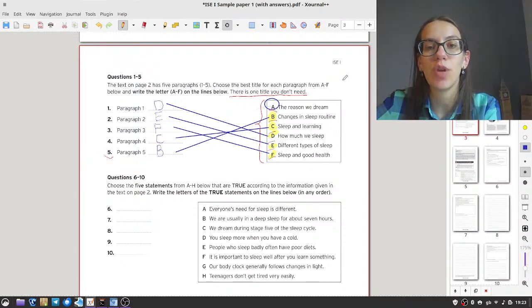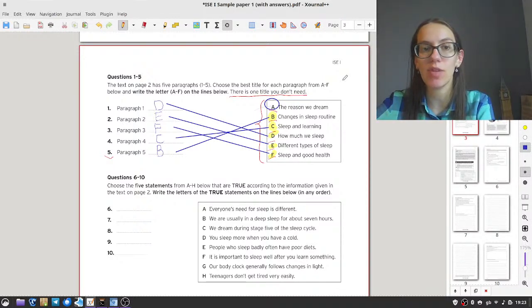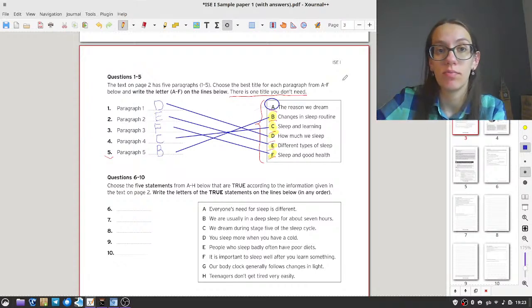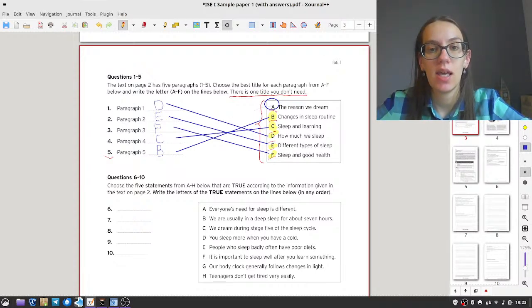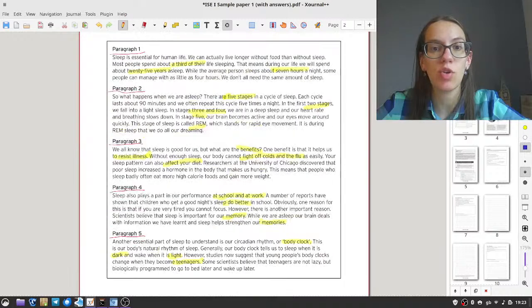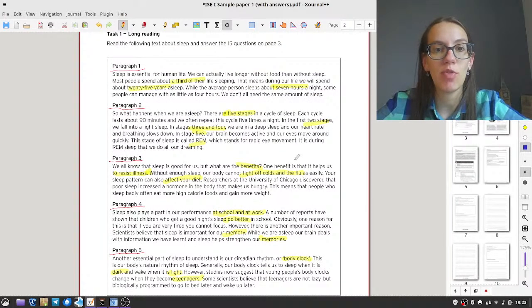The reason we dream. Do they tell us about why we dream in any of the texts? No. In fact, it's a trick, of course. They wanted you to use it maybe for paragraph number 2. In number 2 they talk about dreaming a little bit.